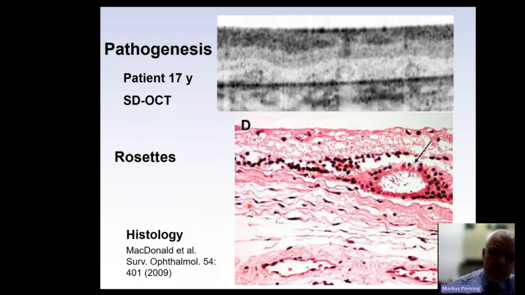And if you have a histology, which has nicely been done by Ian MacDonald in a previous publication, you see that it is a curling of the retina and the retinal cells, the photoreceptor cells, which are with the photoreceptor outer segments inside of these curls and the nuclear areas surrounding these curls. In fact, this is also a very late state of the disease, and the function of these photoreceptors is very questionable.